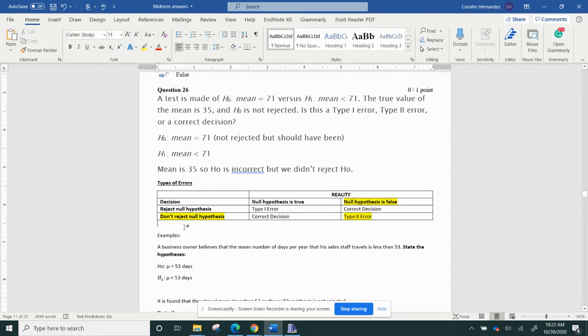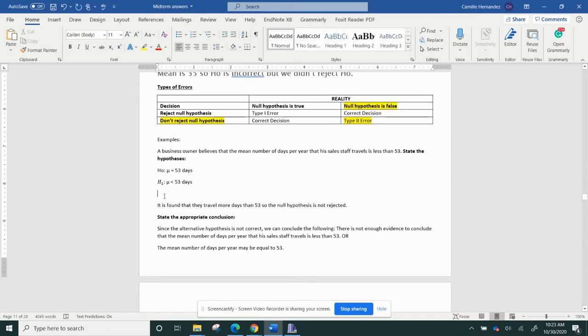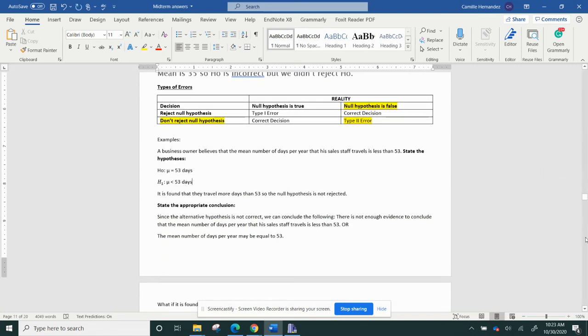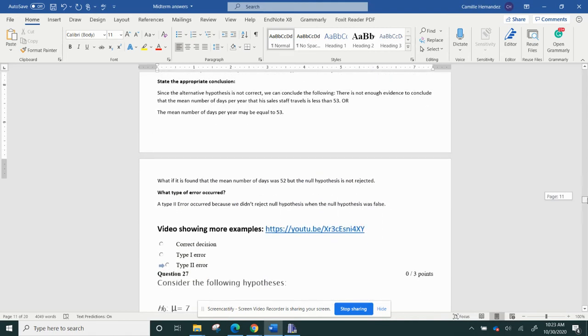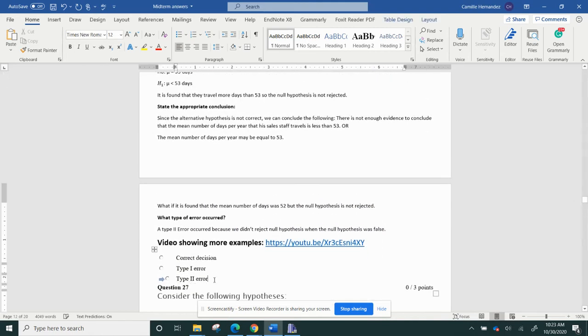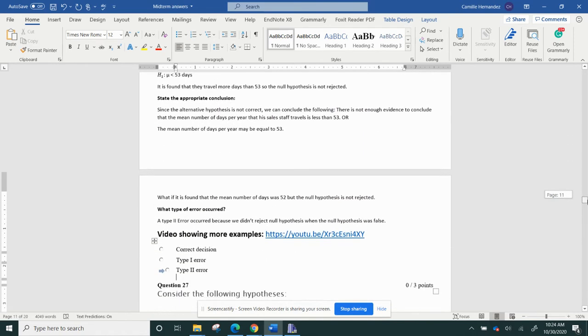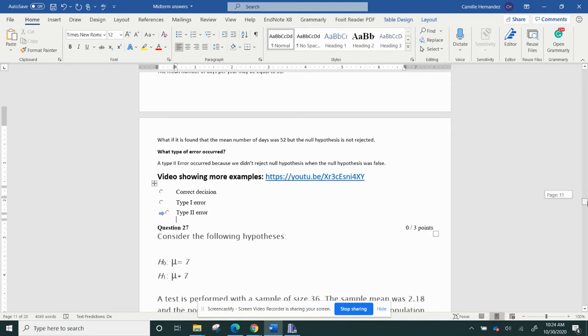I have put some extra examples of these on this document below, and I even have some videos showing more examples. The answer to this one is a type 2 error, because I didn't reject the null and I should have. Okay, so that's how you do those. I would refresh with these, and here's an extra video that might help.